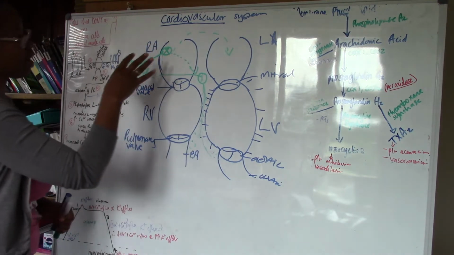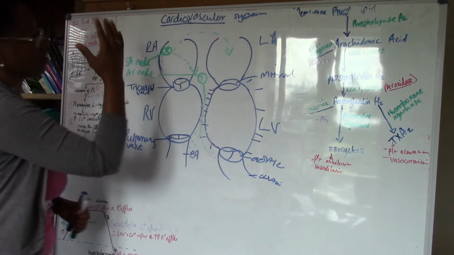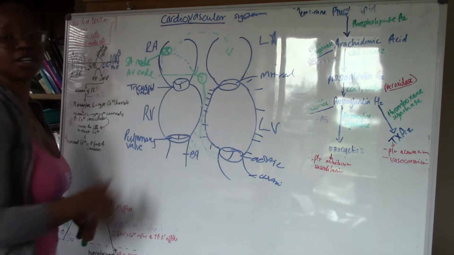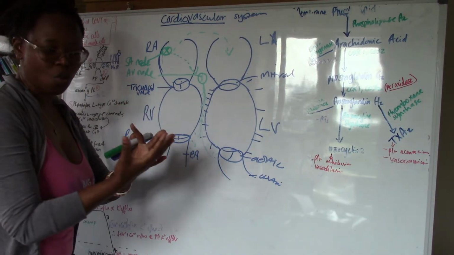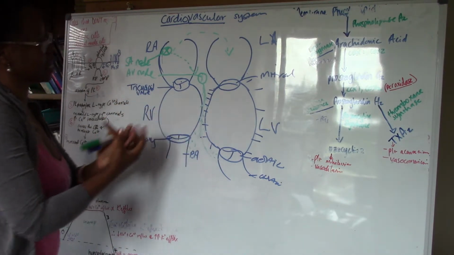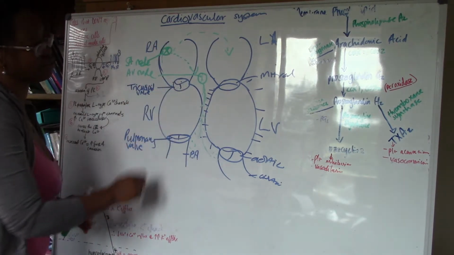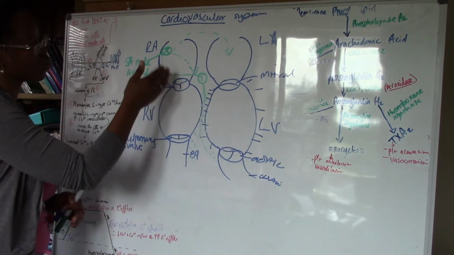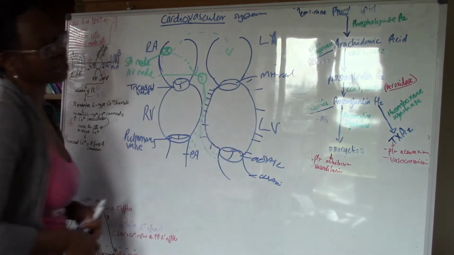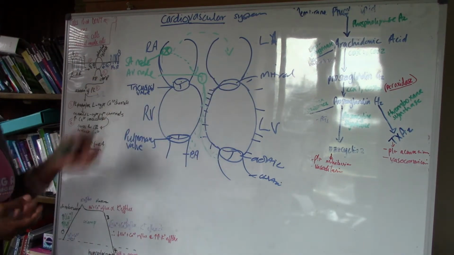Similarly, the depolarization and the contraction of the right atrium and the left atrium work simultaneously again and expel blood into the right ventricle and the left ventricle through the tricuspid and mitral valves, respectively.